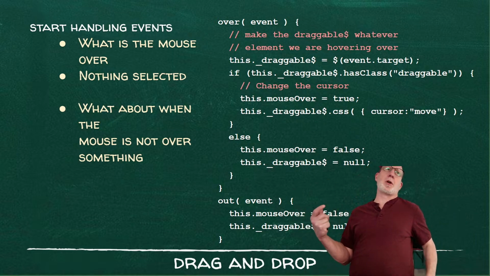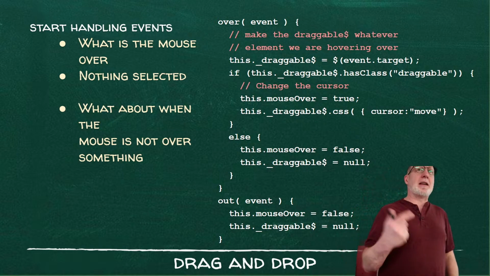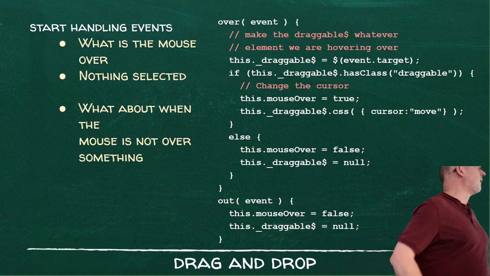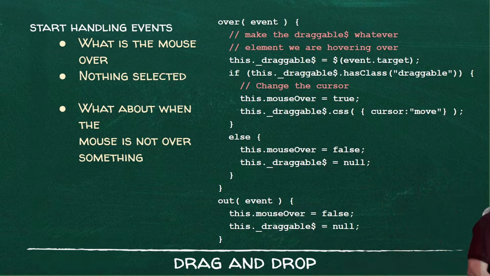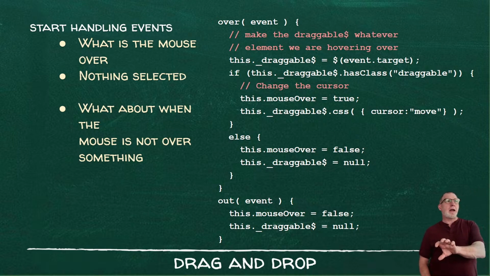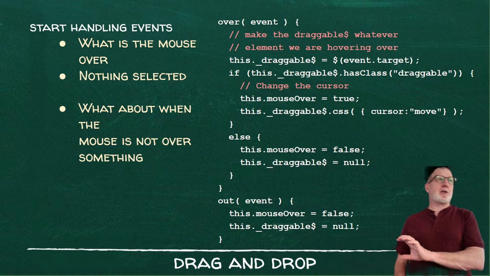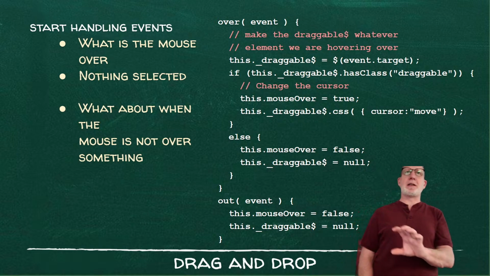One of the classes I'm going to add doesn't have any styling in it. But because it's a class and I can call jQuery's hasClass method, it'll tell me very quickly whether the object I've grabbed has this class or not. If it has this class, I've already identified it as something I can drag and drop. If it doesn't have this class, I can't.